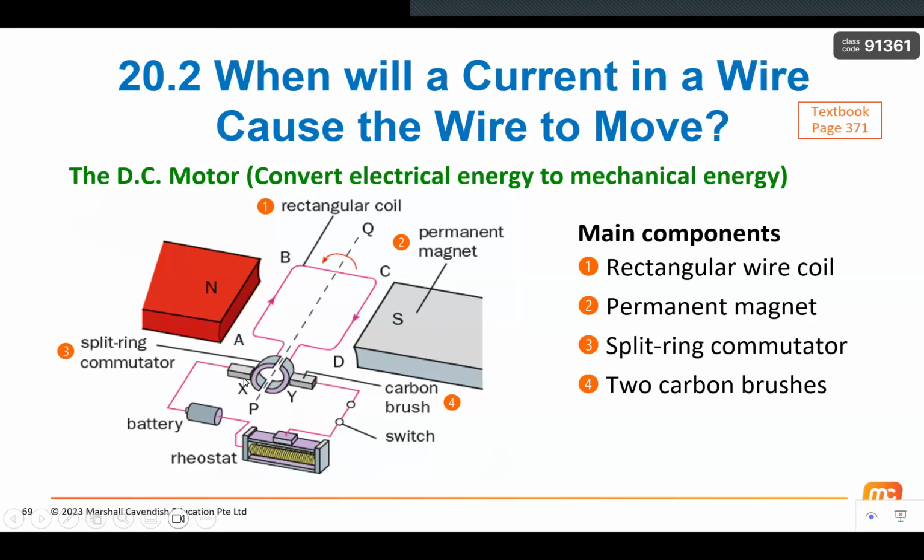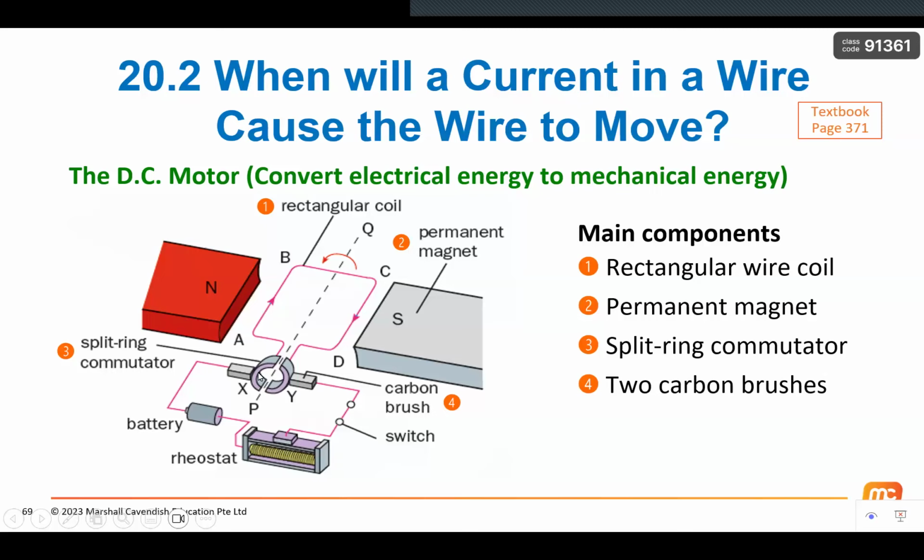So usually the carbon brushes are put here, because it's a brush, the split ring can turn without much friction. And carbon is a good conductor, it can conduct electricity. So I still provide the electrical contact with the split ring, and at the same time minimize the friction between the electrical conductor and the split ring commutator.